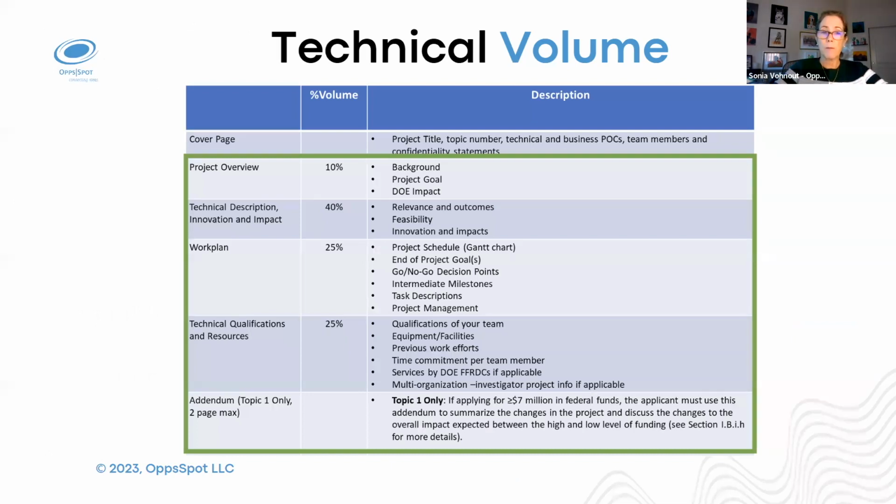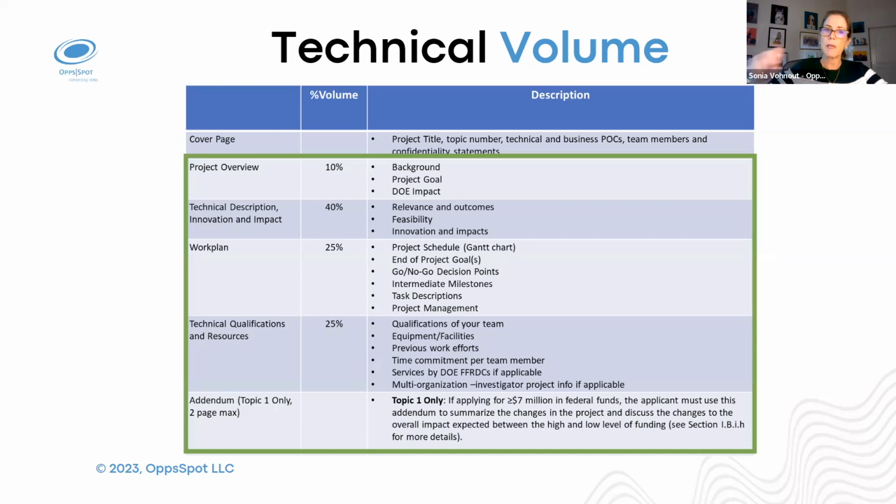But the technical volume is going to be broken up into a cover page, project overview, technical description, innovation and impact, your work plan, technical qualifications and resources, and there's also an addendum that could be at maximum 2 pages, specifically addressing topic 1.